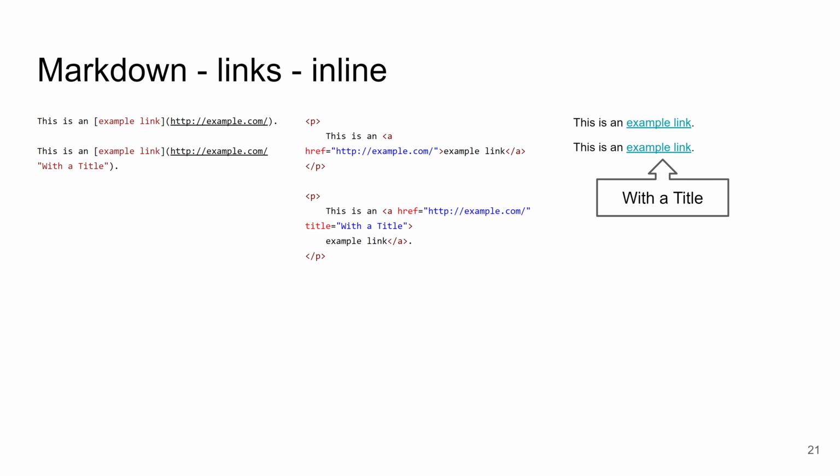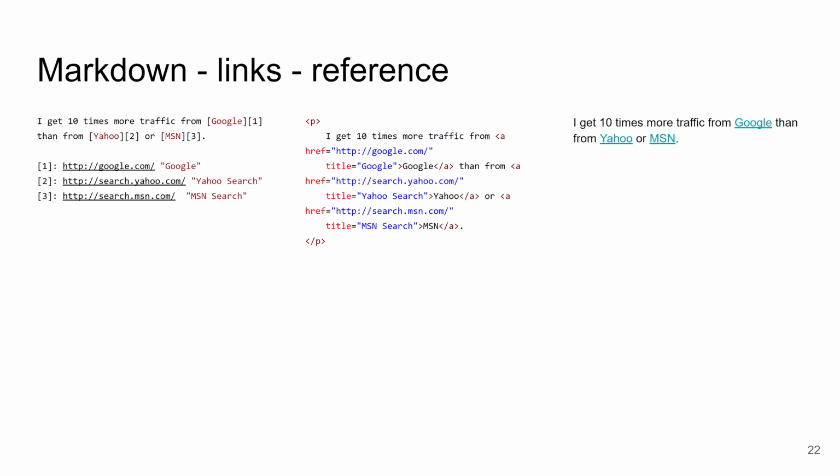There is another style, which is called a reference style, and this one is very different from HTML, and actually it is more similar to how you would link from a printed publication, let's say. This one actually makes the Markdown source much more readable. It works like this.